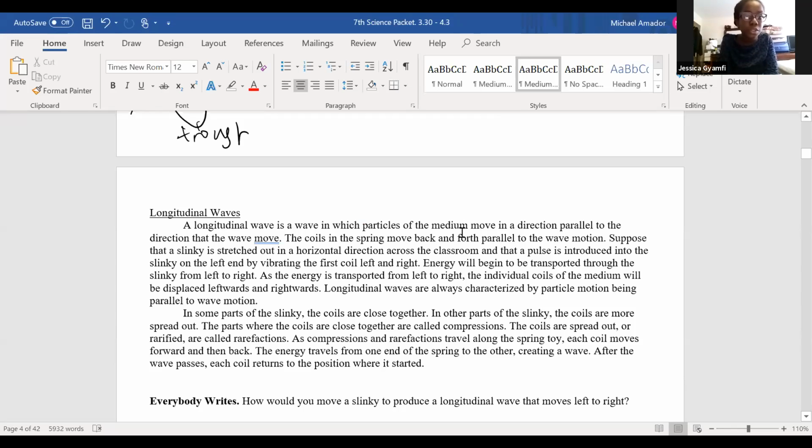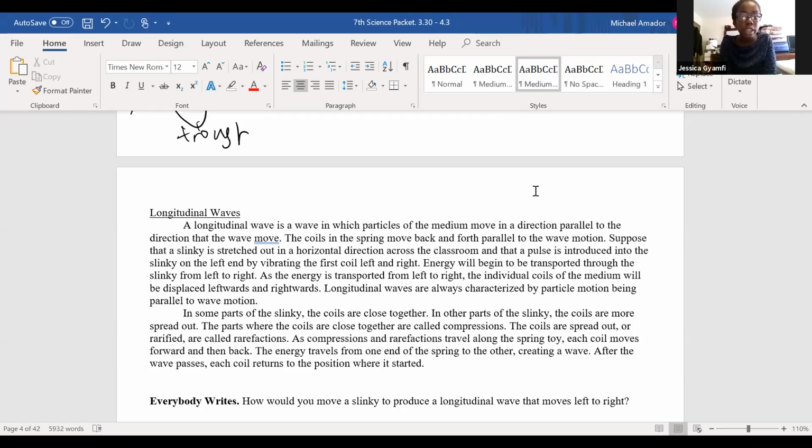A longitudinal wave is a wave in which particles of the medium move in a direction parallel to the direction that the wave moves. The coils in the spring move back and forth parallel to the wave motion. Suppose that a slinky is stretched out in the horizontal direction across a classroom, and that a pulse is introduced to the slinky on the left, ending by vibrating the first coil left and right.